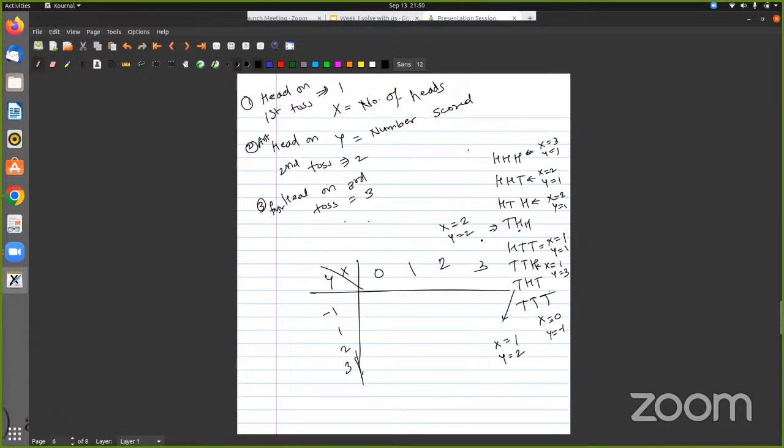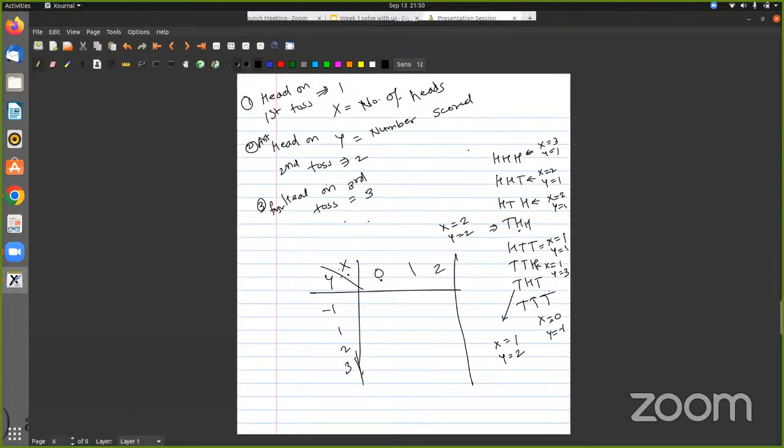Okay, so I know that x will take values what? 0, 1, 2, 3, right? Yes, sir. Okay, so what is this? Minus 1 and 0.